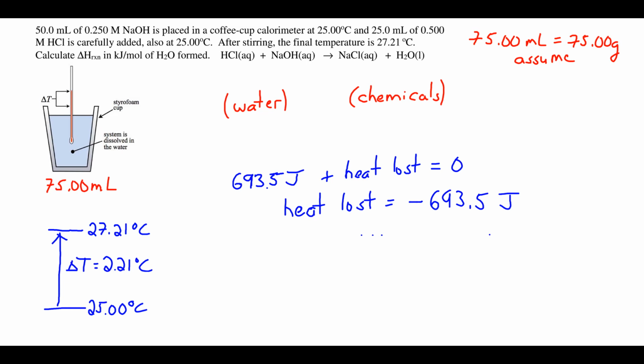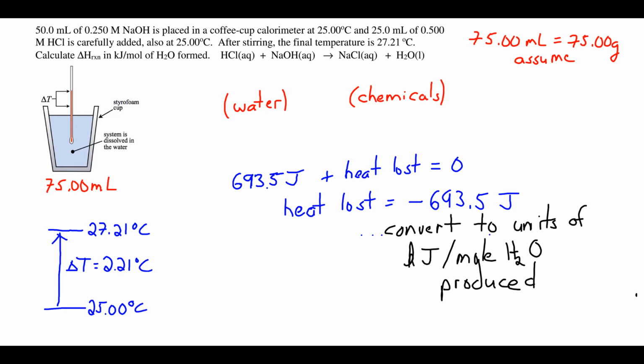All right, so we've applied our equation and multiplied out the mass times the specific heat times the delta T. So we have the heat gained by the water. So the heat gained by the water plus the heat lost has to equal 0, which means that the heat lost is a negative 693.5 joules.